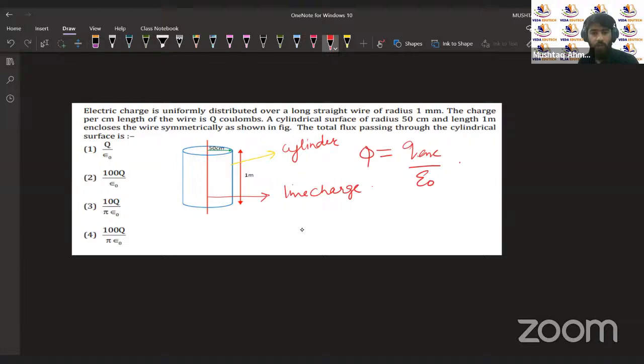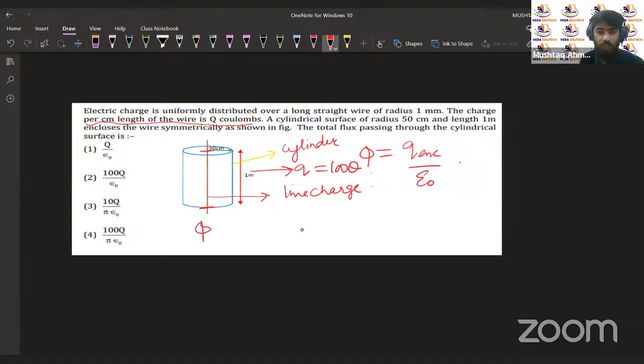The length of the line from the bottom of the cylinder to the top is 1 meter, and the charge per centimeter is q coulombs. So for 1 meter, that's 100 centimeters, the charge will be 100 q. So the total charge enclosed is 100 q.